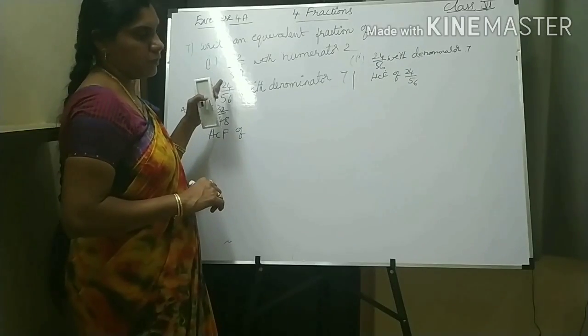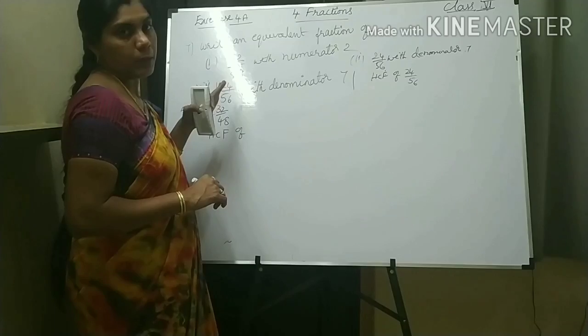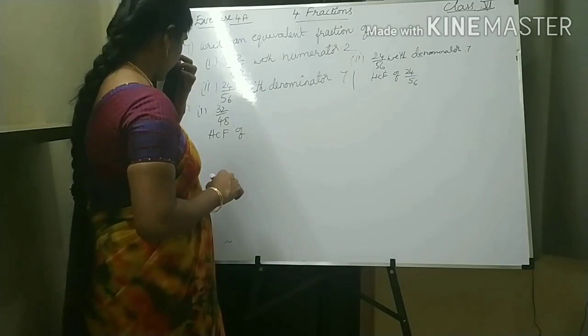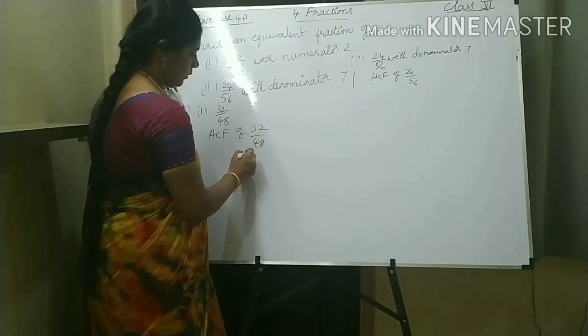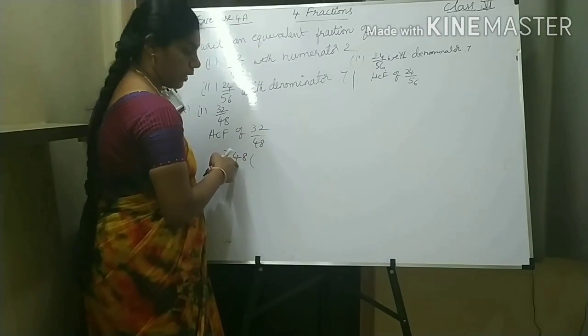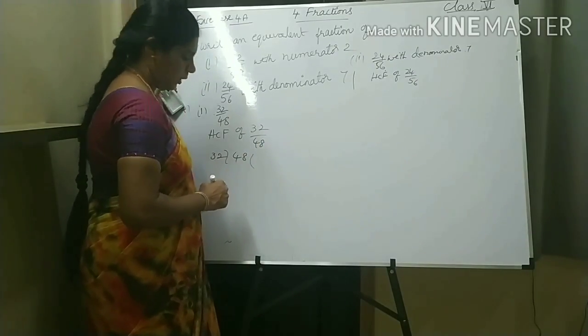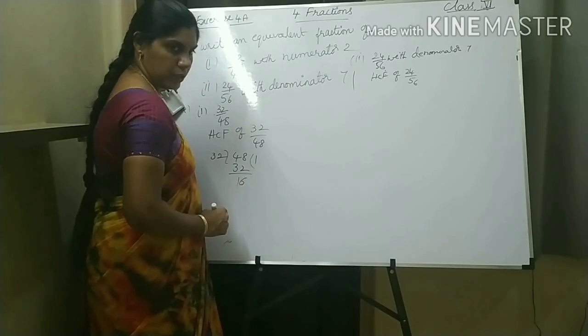To simplest form, what we have to do, we have to use either HCF method or prime factorization method. Now I am using HCF method. See, HCF of 32 by 48. We have to write the denominator first. After that divide with the numerator. 32 goes 1 time, you got 16 here.